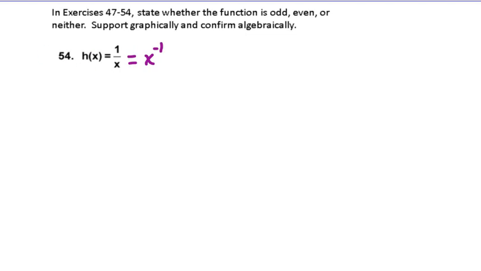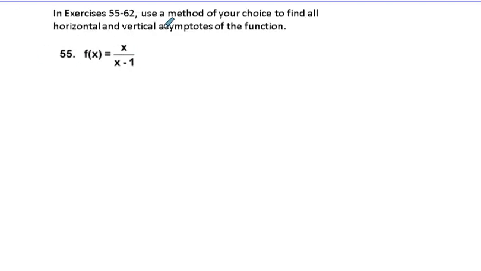Let's go on to this next exercise set, which is exercise 55 through 62. Use a method of your choice to find all horizontal and vertical asymptotes of the function. Well, I'm going to look at the vertical asymptotes first. The only way you can have a vertical asymptote is by having the denominator equal to 0.